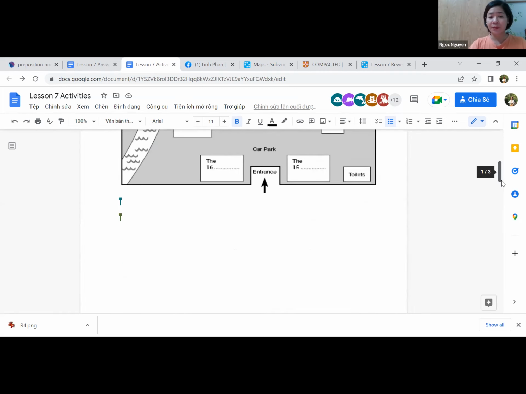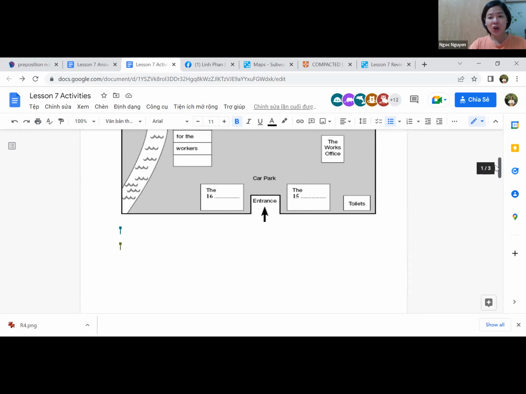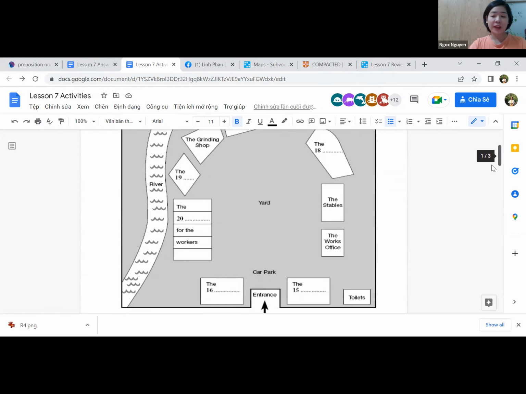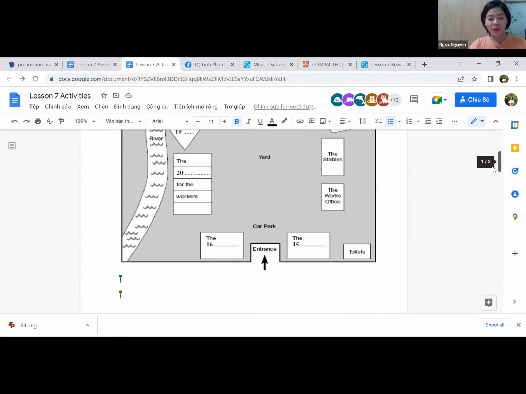Like here, 15 and 16 are very close to the entrance, and you don't see a north, west, east, or south here. Definitely, you need to be prepared to catch the language of to the left and to the right of the entrance. But 17, 20 is very near, yet IELTS will not talk about 20 by the river immediately.